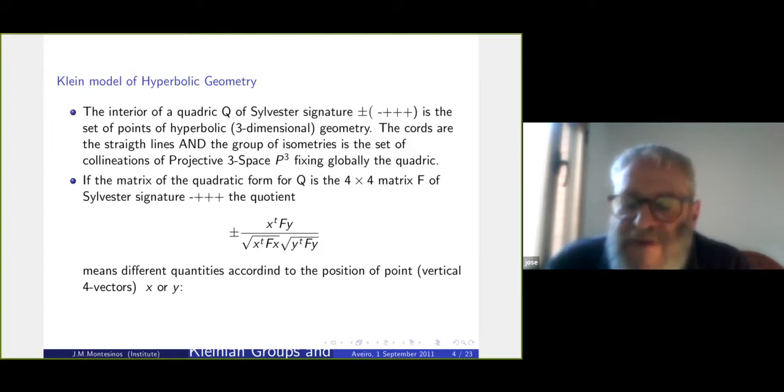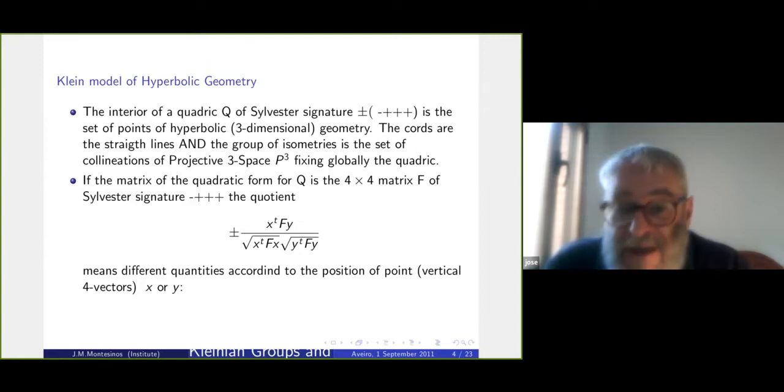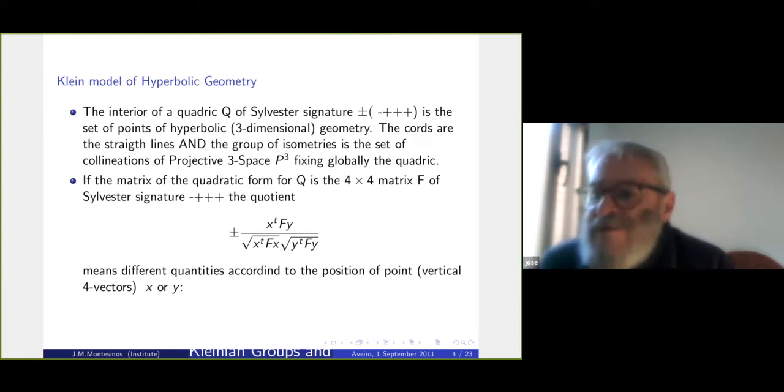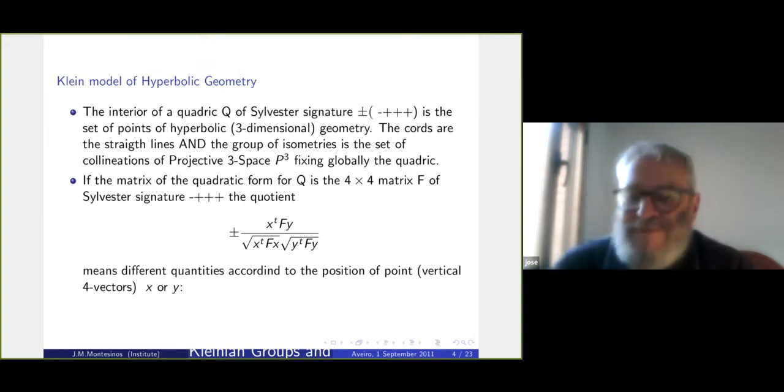And according to the position of the vectors x and y with respect to the quadric, this quotient of numbers has different interpretations. This is one of the main ideas explained by Thurston in his notes.